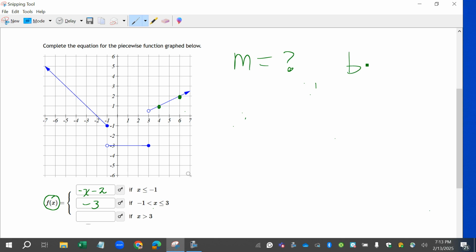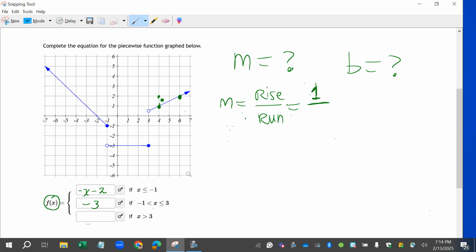So m, again, we know is rise over run. And what we mean by rise is that starting at one point, how far do I have to move up or down to get on level with the next point. I've already picked the points I want. So I'm going to go up, and now I'm on level with the second point. I went up 1 unit, so that would be a rise of +1.